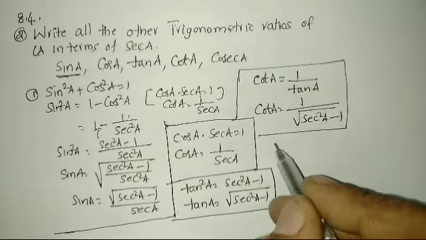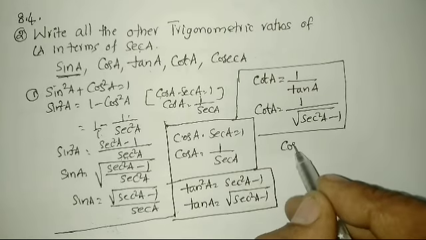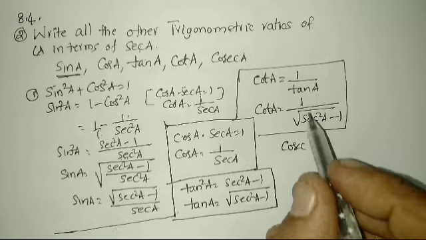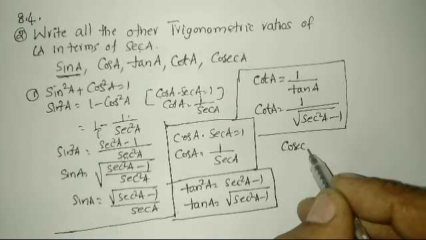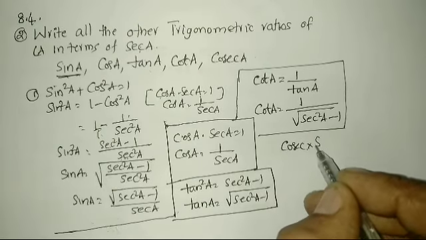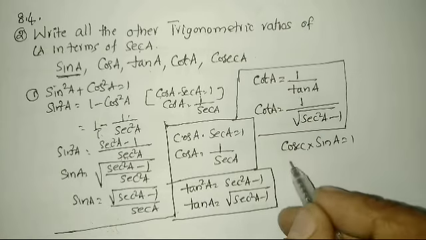Next, cosecant A. There is no direct identity with respect to cosecant A and secant A, but we know that cosecant A into sin A equal to 1.